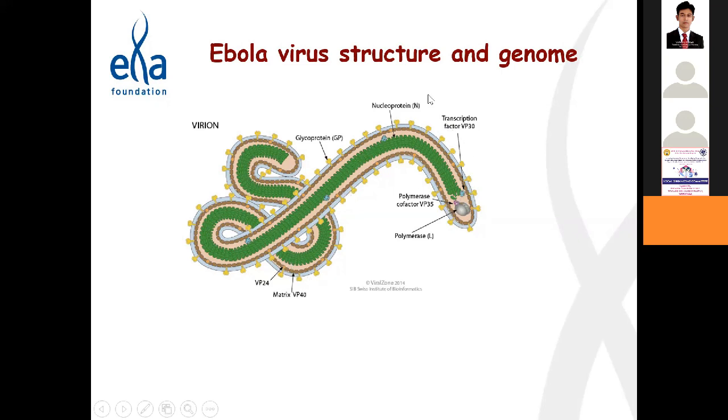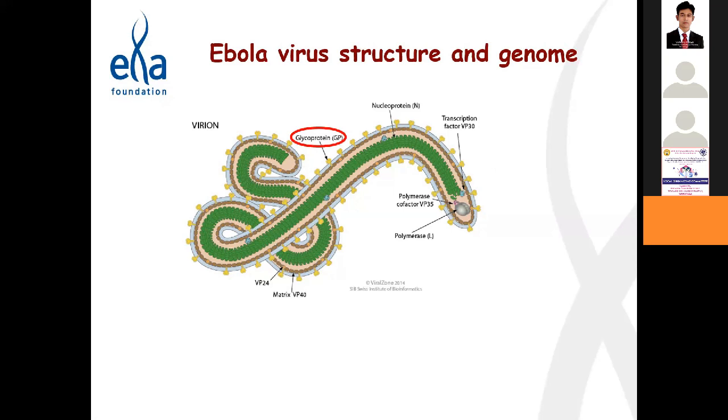Since it is a negative strand virus, it also carries its own polymerase for initial replication. But here you can see a glycoprotein, GP. This protein is crucial for the Ebola virus to enter the cells, similar to the SARS-CoV-2 spike protein, which is important for it to enter and infect the cells.